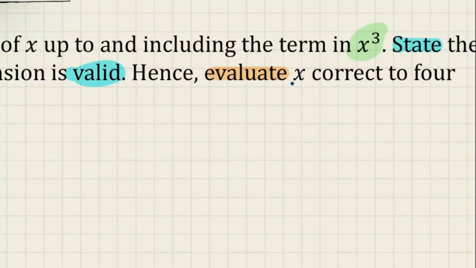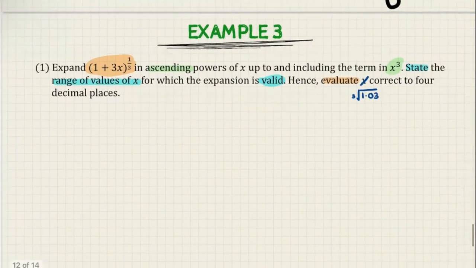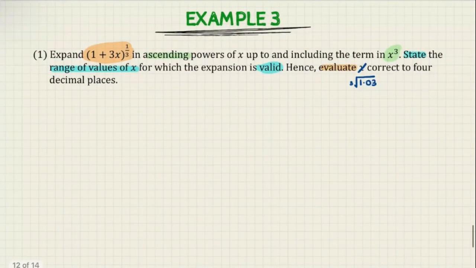So hence evaluate cube root of 1.03. Okay, punca kuasa 3, 1.03, correct to 4 decimal places. Okay, so itu nanti kemudian kita tunjuk. Okay, so saya tunjukkan yang pertama dahulu, macam mana kita nak expand.